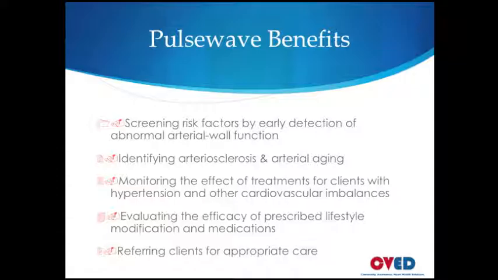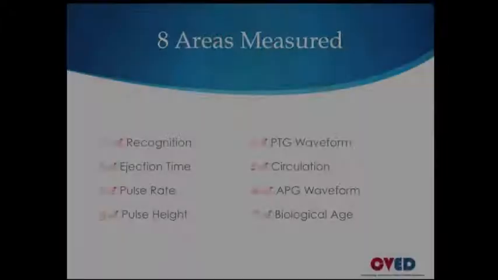So we can do follow-up with people who have been prescribed protocols, lifestyle, diet, nutraceutical, or pharmaceutical regimens. And we can also refer clients for appropriate care when we spot areas of concern. We are building a robust network of holistic practitioners, cardiologists, and medical physicians that we can refer people to if there's something that really needs to get looked at and formally diagnosed.